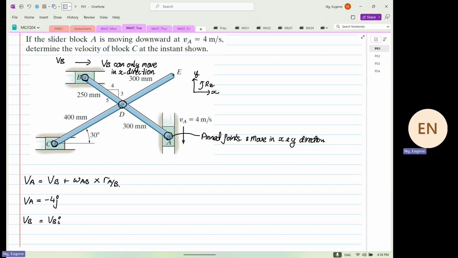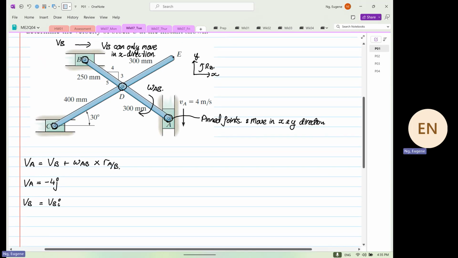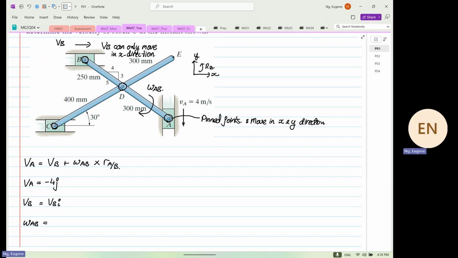Then, how is omega AB going to rotate? If you visualize A coming down, omega AB has to rotate in this orientation. Yes or no? So this is your omega AB. We can state the fact that omega AB is also equal to omega AD, and it is going to be what?